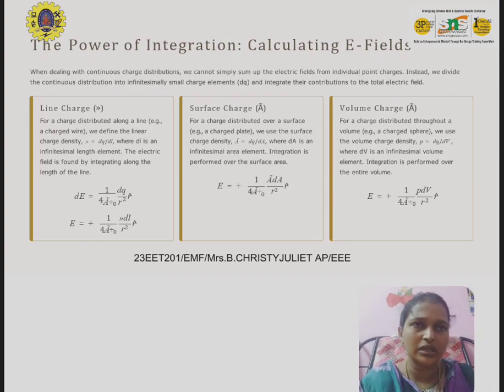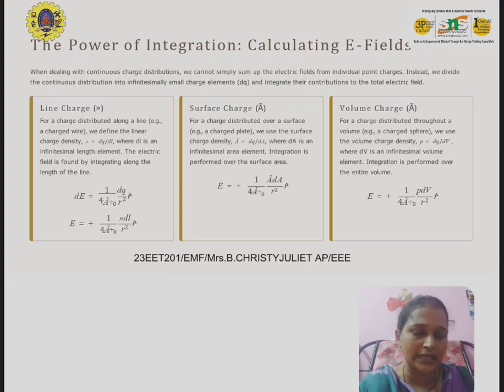So here E can be represented as E is equal to F by Q, but here the Q is nothing but the charge density. We already know for line charge the charge density is rho L, for surface charge the charge density is rho S, and for volume charge it is rho V. So we have to replace this value in the electric field equation.